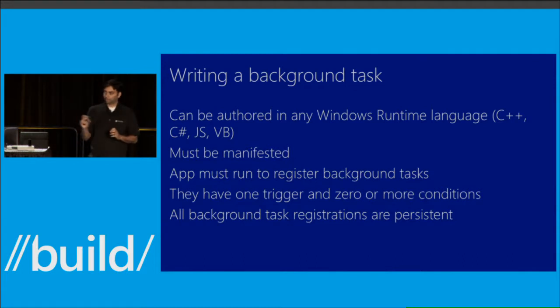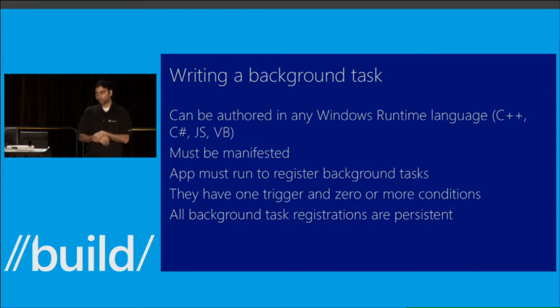So I will add a condition called user away, and I will add a condition called internet available. That means even if your time comes, like let's say you have a background task that runs 1 hour from now, even if 1 hour passes, your background task will not run until all of the conditions are true. So that means until you have internet available and until the user is away.